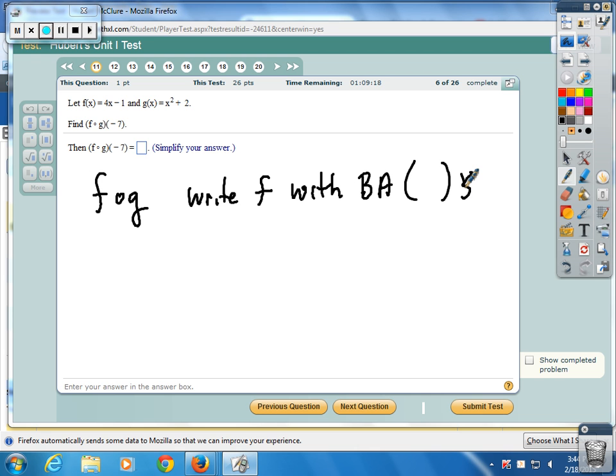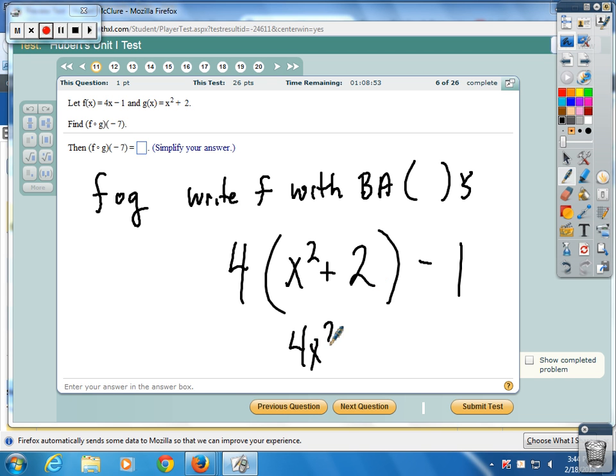So you're going to rewrite it with big parentheses: 4 parentheses minus 1. And what goes in this spot right here? G of x, which is x squared plus 2. It's minus 2 plus. And now, simplify. 4x squared plus 8 minus 1. And what's 8 minus 1? Plus 7.